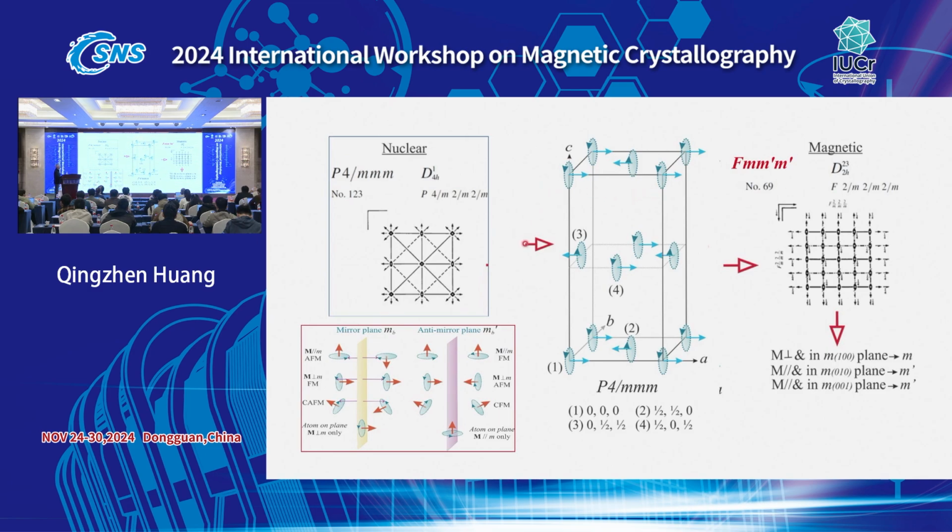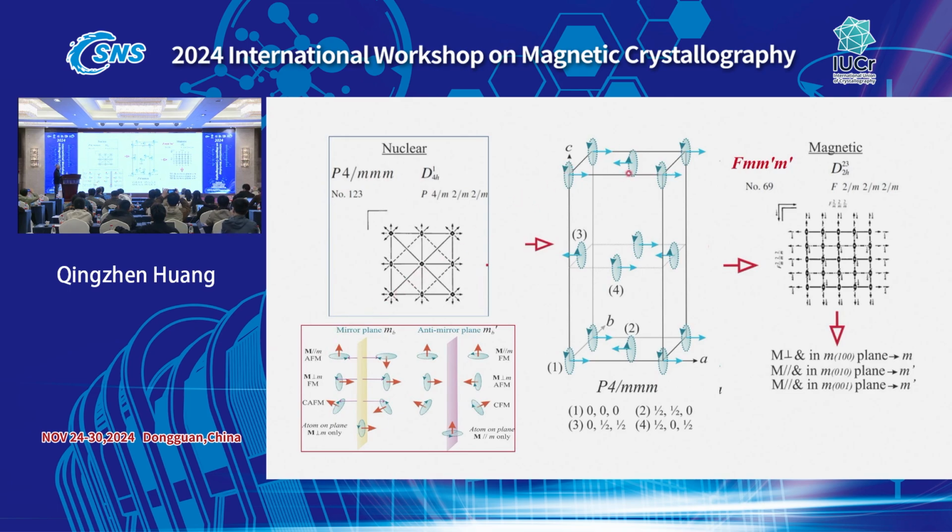And now we are talking about how to change the magnetic model to create the magnetic space group. This is a tetragonal. If you want to keep the four-fold axis, then the moment needs to be parallel to the z-axis.